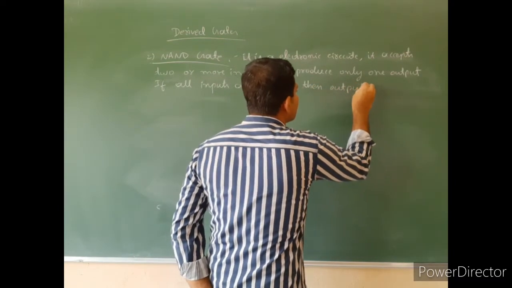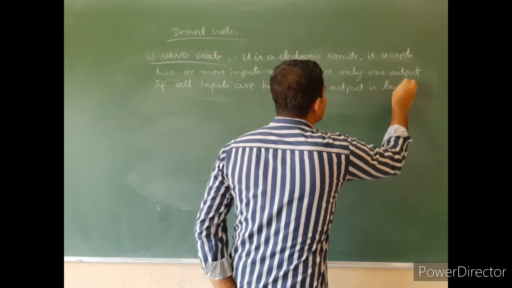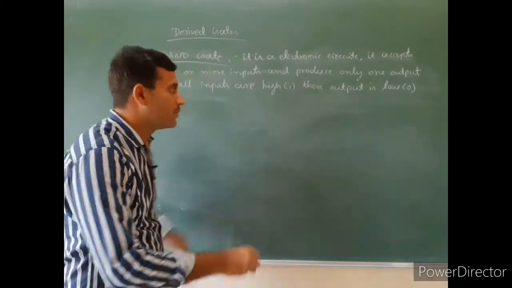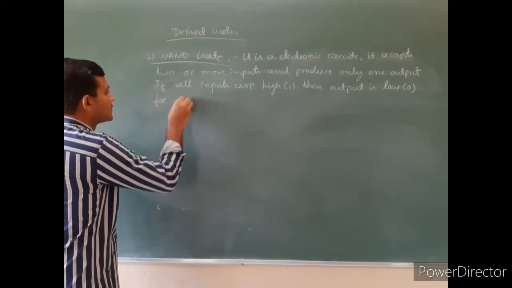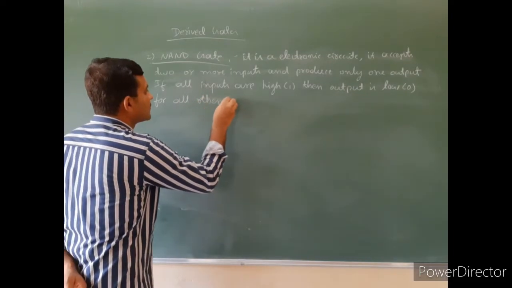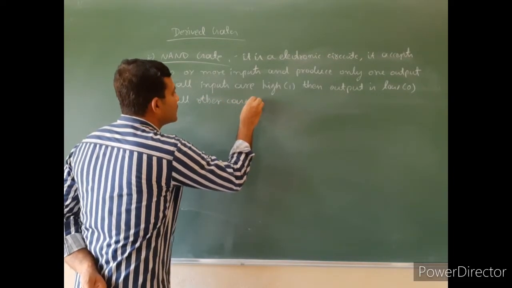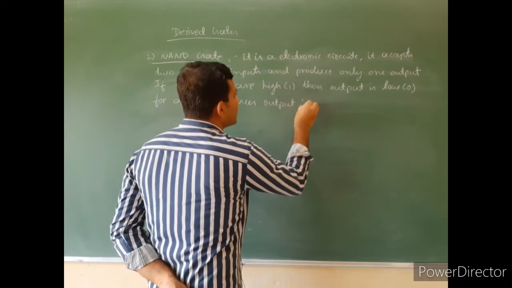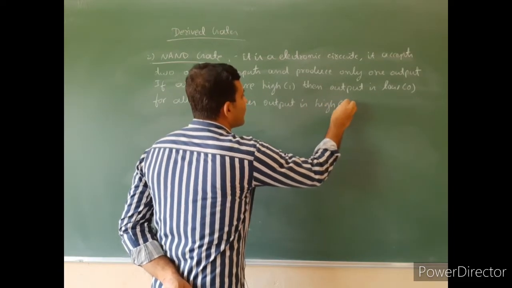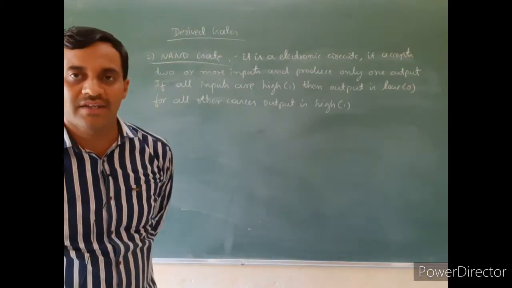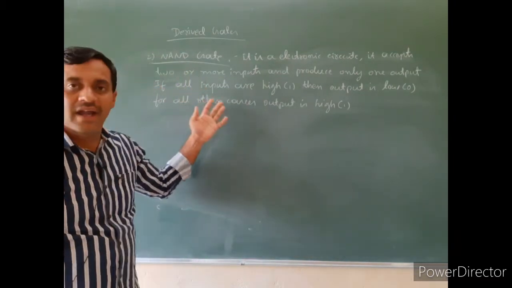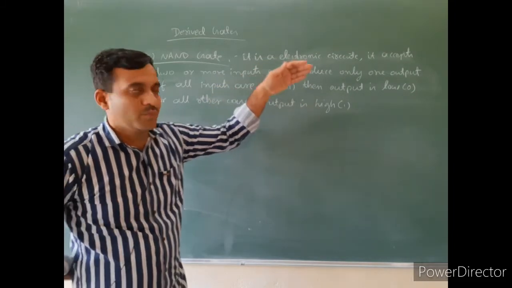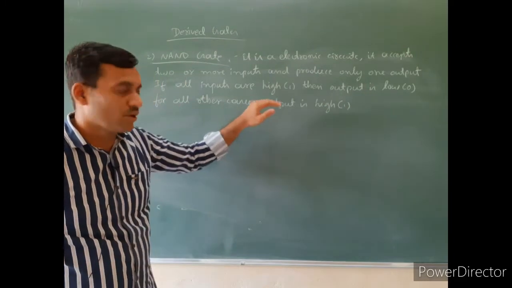If all the inputs are high, then the output is low, that is 0. For all other cases, the output is high. So, that is the working principle of the NAND gate. When all the inputs are high, the output is low. For all other cases, the output is high.